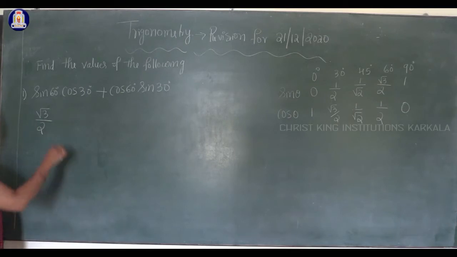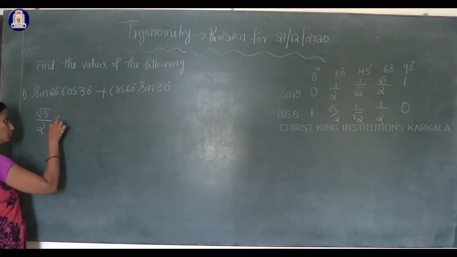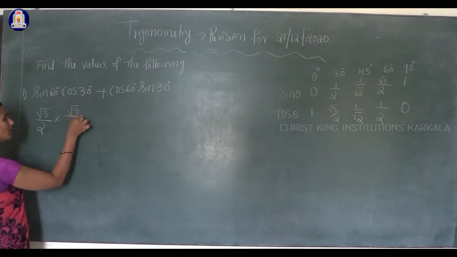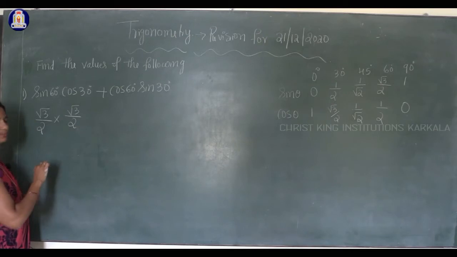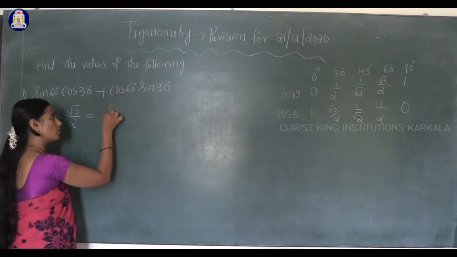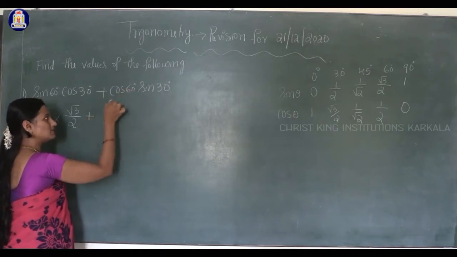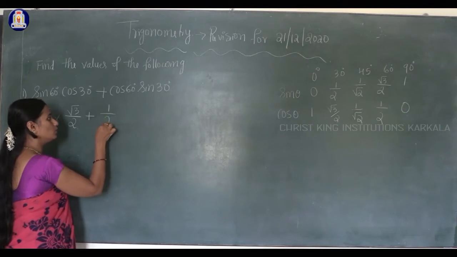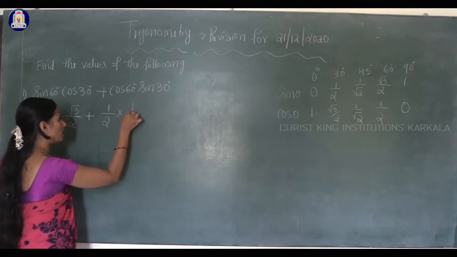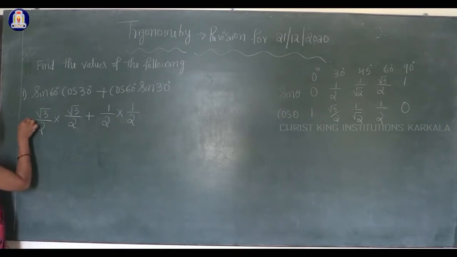Sin 60 is root 3 by 2 into cos 30, which is root 3 divided by 2, plus cos 60, which is 1 by 2, into sin 30, which is 1 by 2.